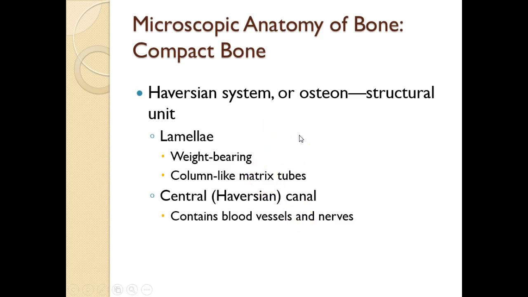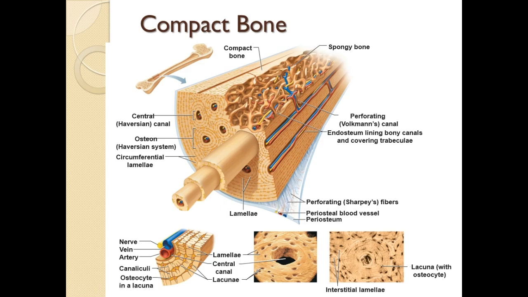For this part, you need to know the structure of the primary unit of our compact bone, and that's referred to as an osteon or Haversian system. So the main structural unit that makes up our compact bone is called an osteon or Haversian system. So let's look at the structures here.